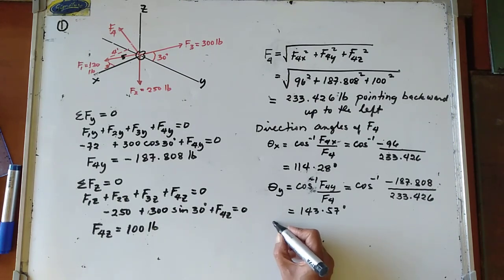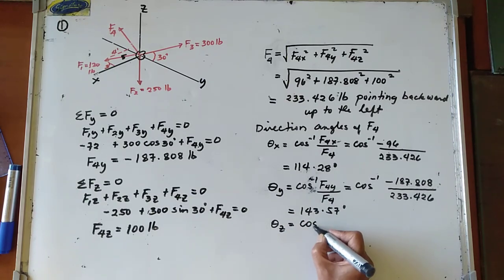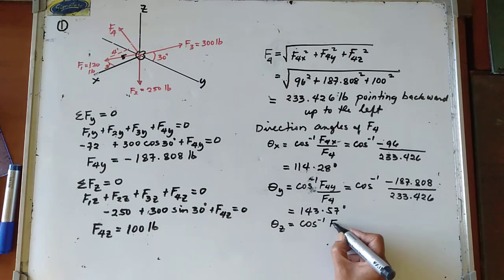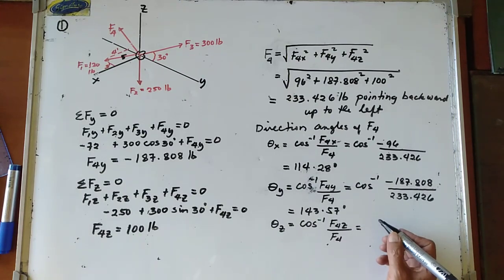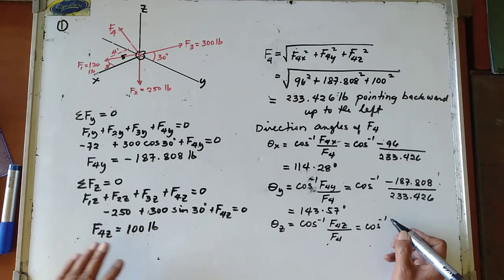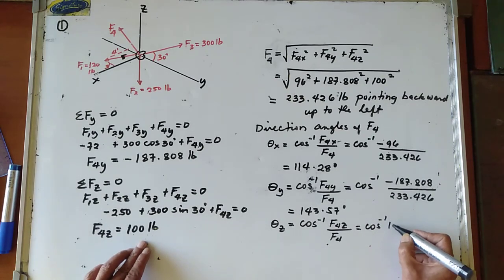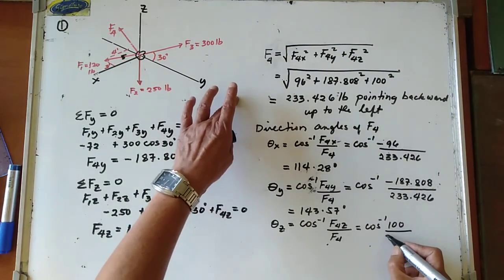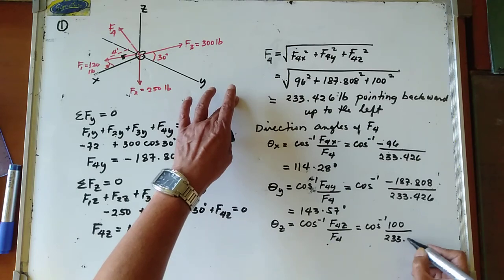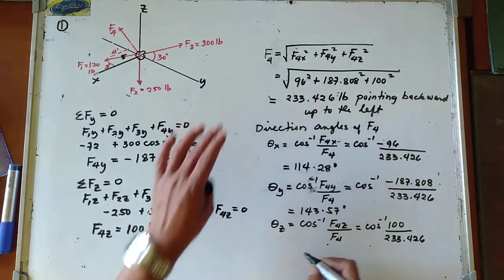And we now have your theta z equal to the arc cosine of F4z all over F4, which is 100 over 233.426.